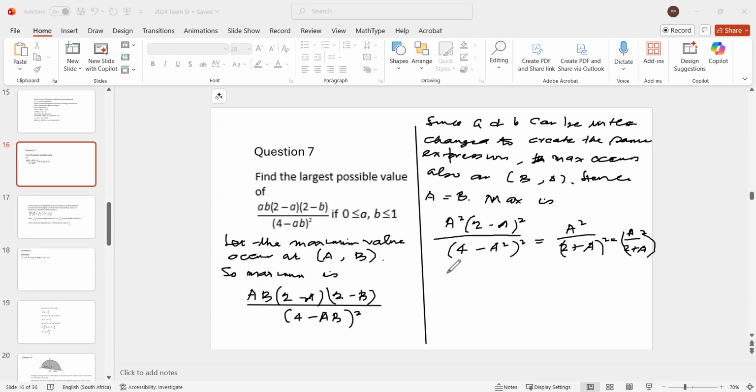The A over 2 plus A, we can write this as 2 plus A minus 2 over 2 plus A. This is a favorite trick. Whenever you've got a denominator, you try to replicate that denominator at the top there. And what happens then is that you get 2 plus A over 2 plus A, and this becomes minus 2 over 2 plus A.